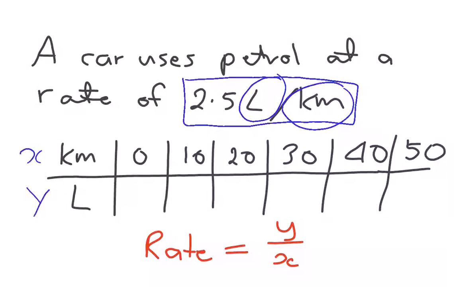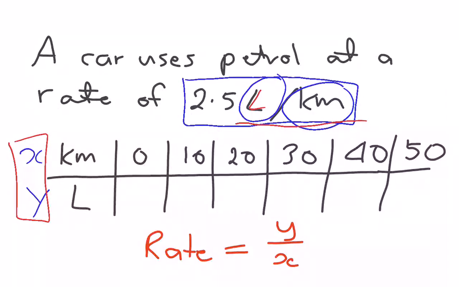Historically we put x as the top column over here, so we'll put the x at the top and the y as the second. When it is given as litres a kilometre, the first thing mentioned, the L in this case, will be y, and the kilometres will be the x.